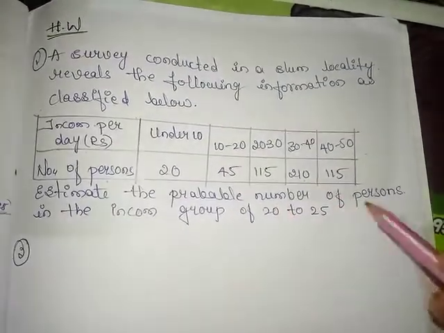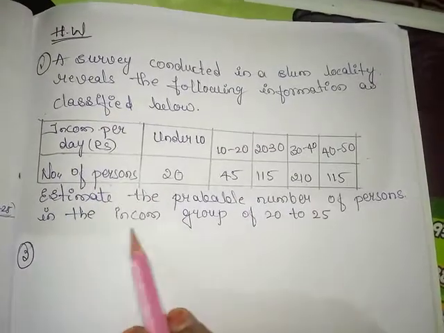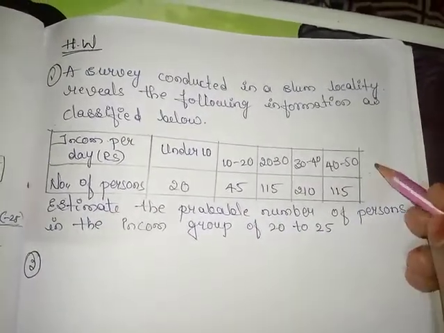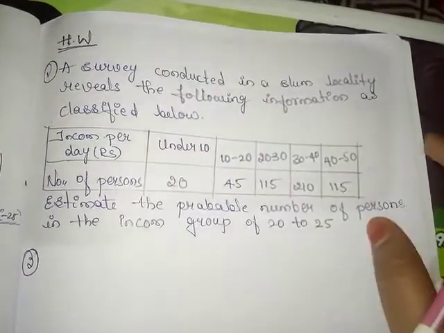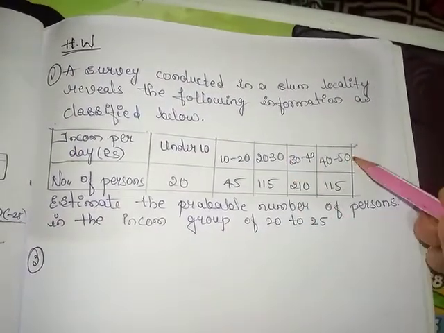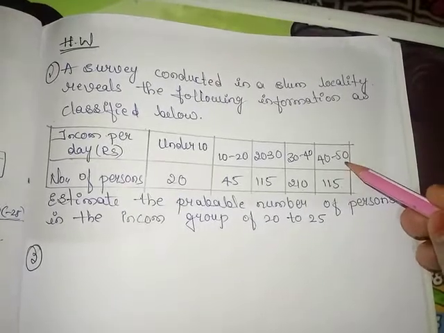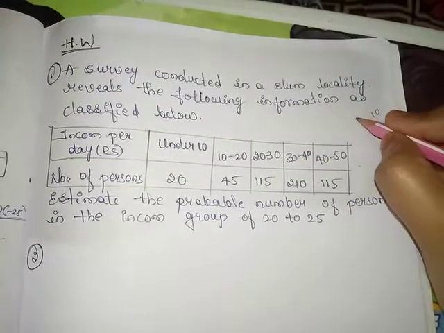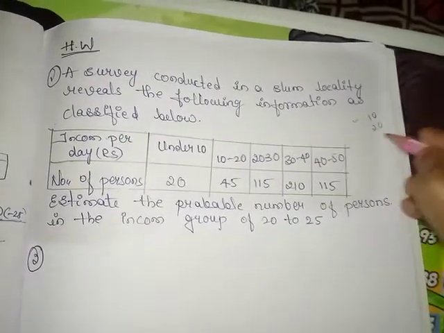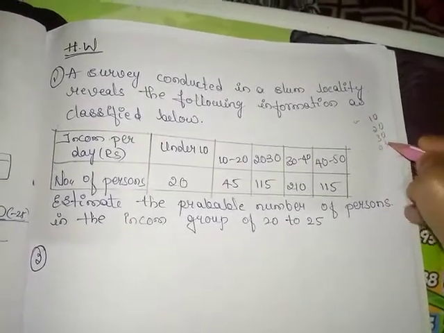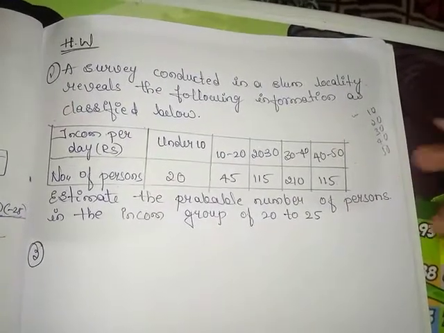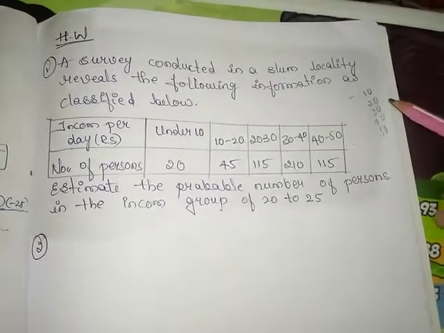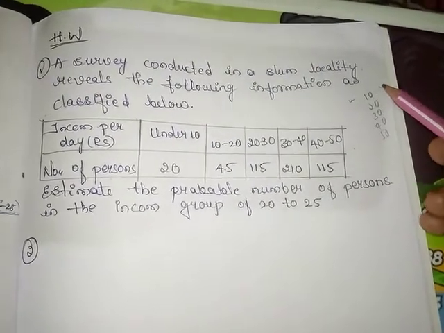Estimate the probable number of persons in the income group of 20 to 25. This example is same as the previous one. First you have to convert this to ungrouped data. You will get the x values are 10, meaning under 10, next 20, 30, 40 and 50. As in the previous example, find the corresponding values of y.